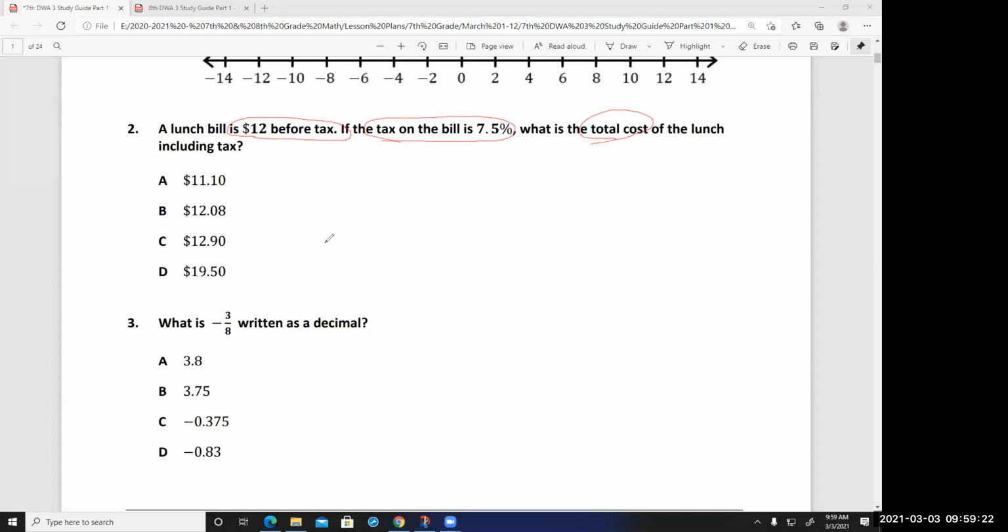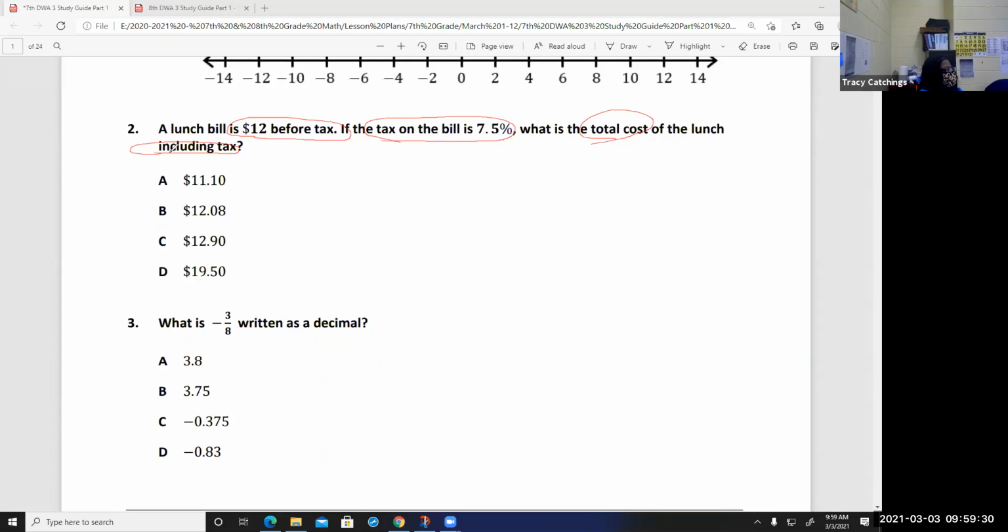7.5%. So my bill, they told me what my tax is, and now I need my total cost. What do I need to do?